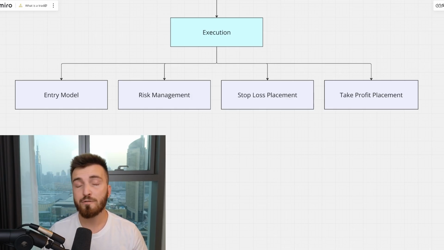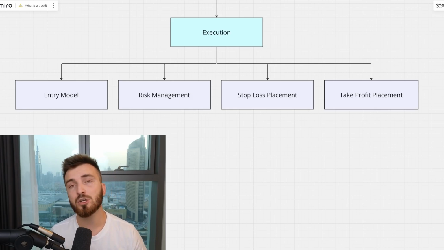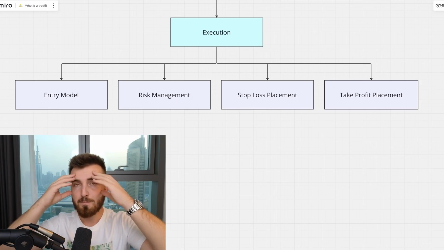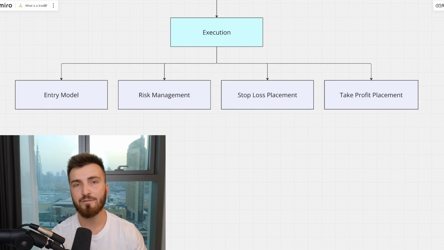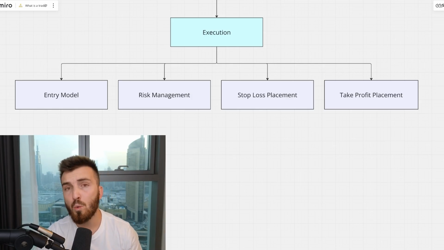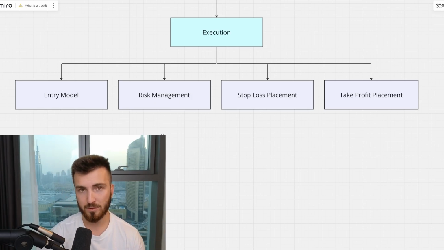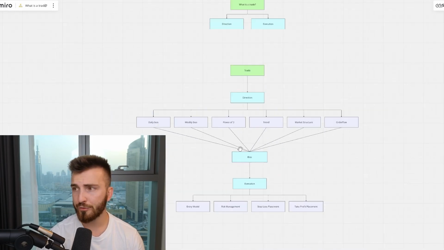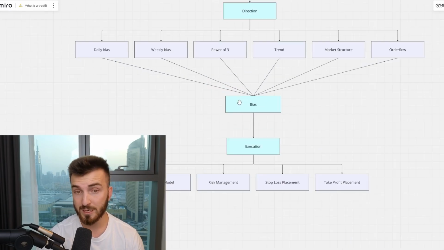So stop focusing on the execution and start focusing on the direction. If you do not know the direction, you are not going to be a profitable trader. You're just trading some beliefs that you have that might not play out, and you won't know why they didn't play out, right? So we'll focus on all of this as we go through the bootcamp.